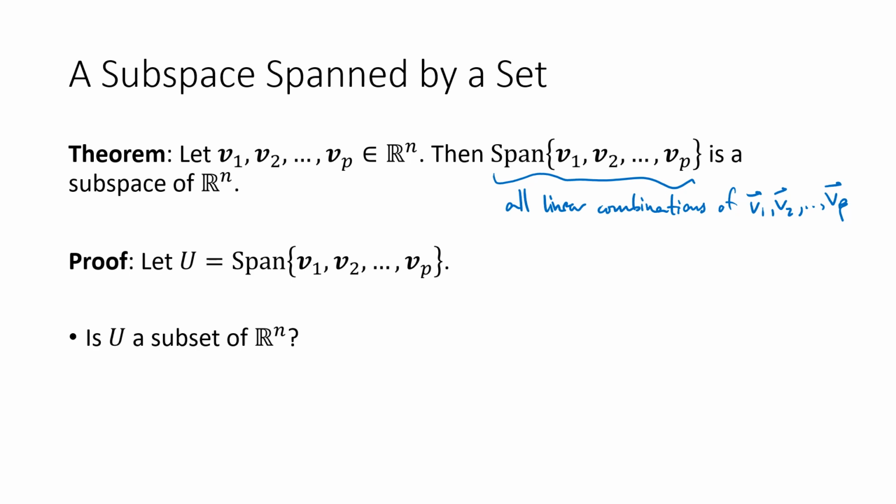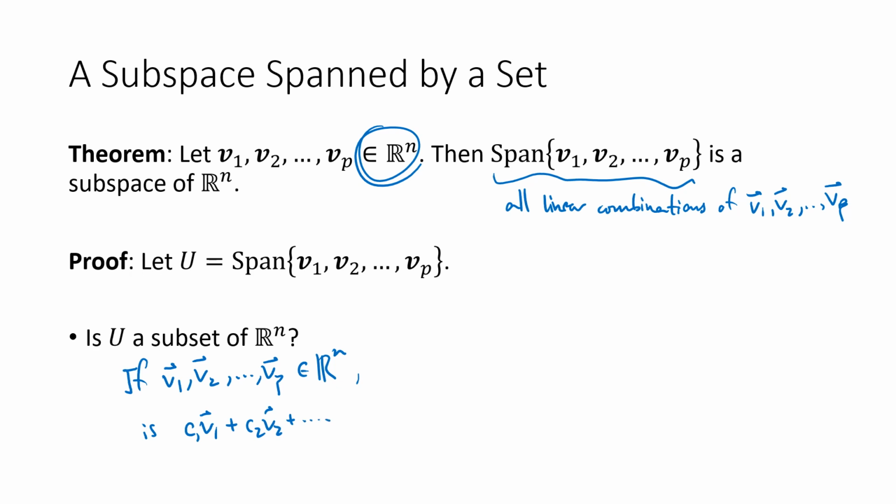So is it a subset of Rn? In other words, if the vectors are coming from Rn, is a linear combination of those vectors also in Rn? So if v1, v2, up through vp are in Rn, is c1 v1 plus c2 v2 plus cp vp in Rn?